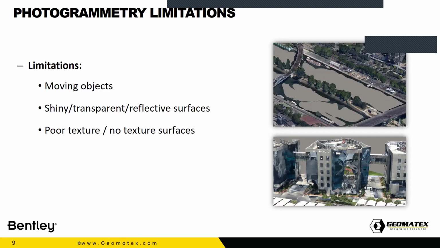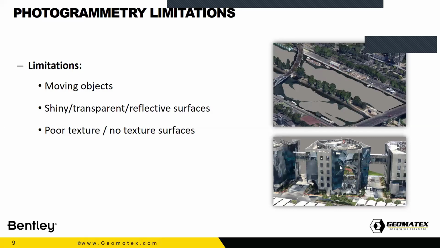We need to use different tricks. So with the glass and the mirrors, we could use filters with the camera. And also for areas in which there are not too many objects for me to do the reconstruction, we could use more ground control points. So with poorly textured or non-textured surfaces, I would face some difficulties, but I still have some tricks to solve them.